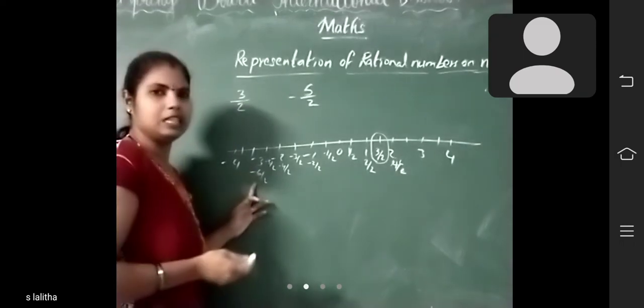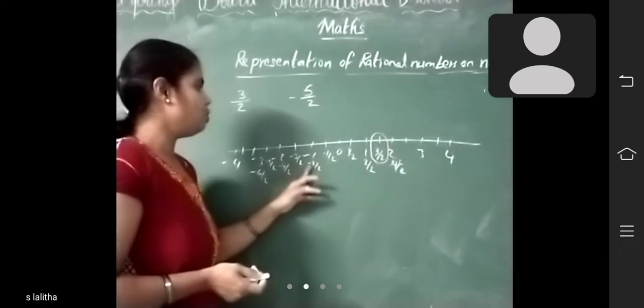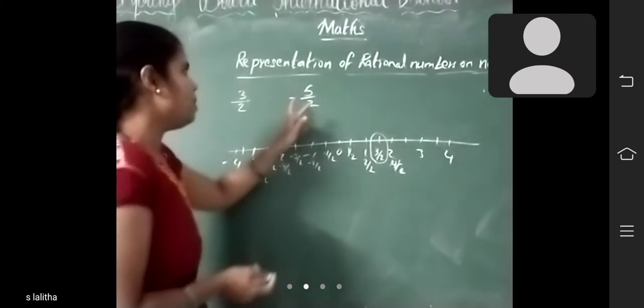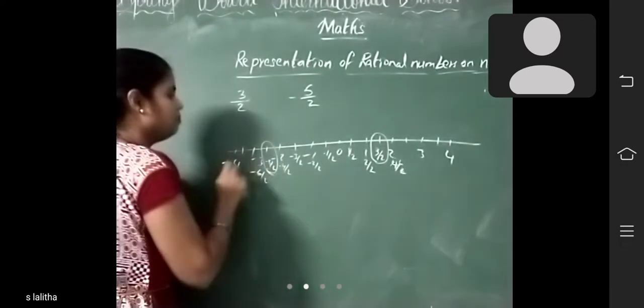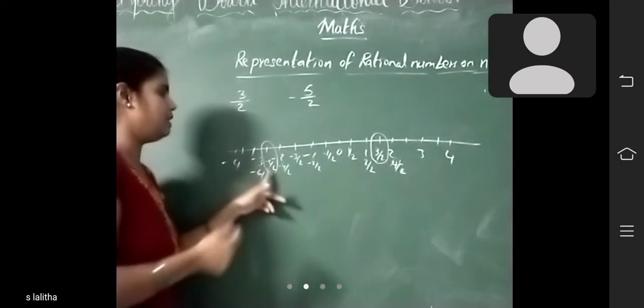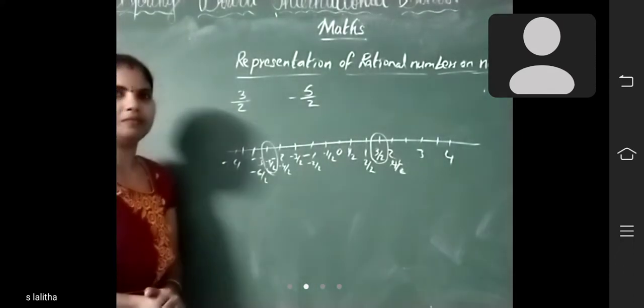Minus 6 by 2 is nothing but minus 3, minus 4 by 2 is minus 2, and minus 2 by 2 is minus 1. So where is minus 5 by 2? Here, between minus 2 and minus 3. Did you understand how to represent?